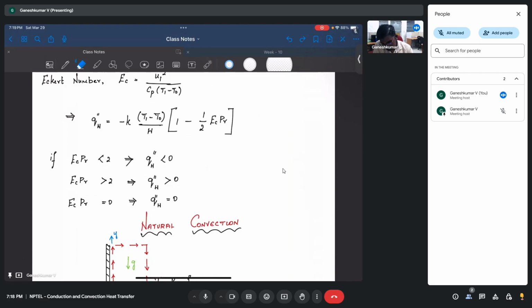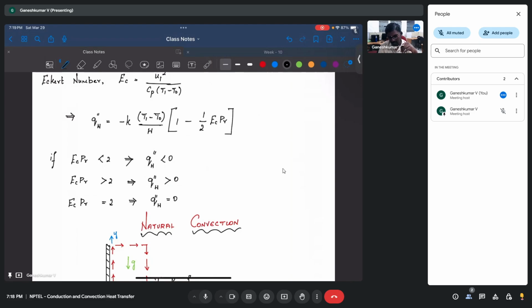I don't think it is 0. It is actually 2, sorry about that. If Eckert number times Prandtl number becomes 2, then the heat transfer from the wall is 0. So there is no heat transfer even when there is a temperature gradient. There's some interesting phenomena happening here.